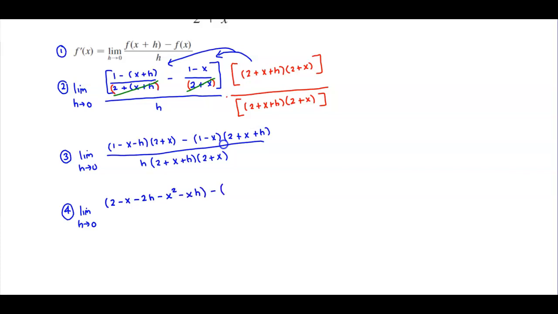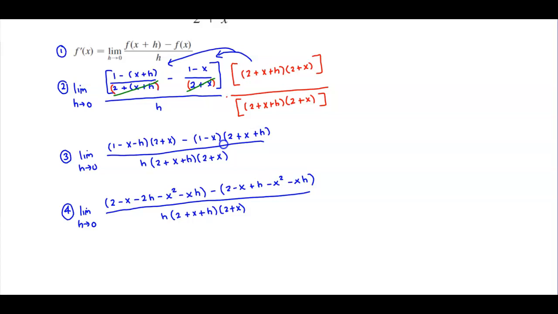And then minus over here, we get 2 minus x plus h minus x squared minus xh, divided by h times 2 plus x plus h times 2 plus x.